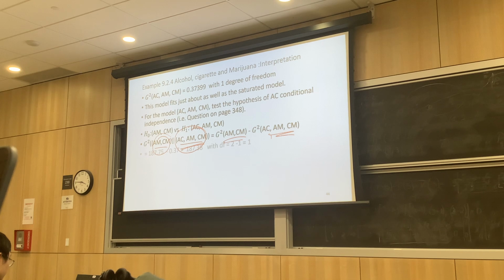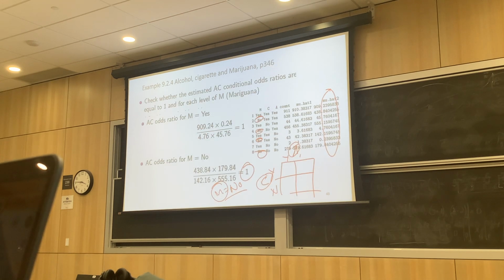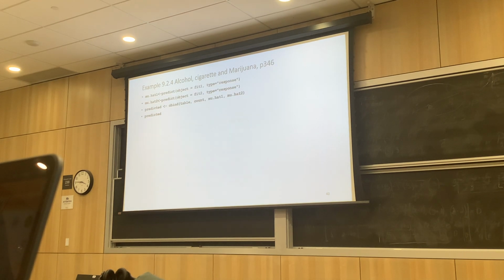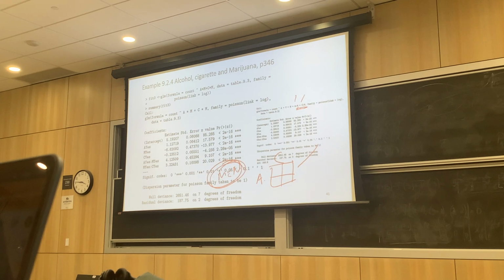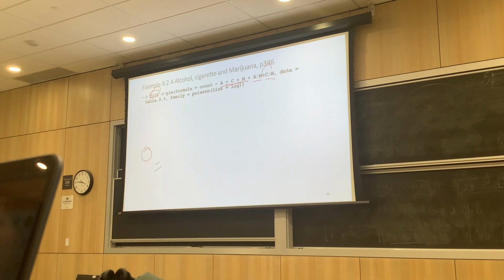And we have that in our outputs. Now this is the reduced model, and here is the G square. And the full model is the model with all of them.